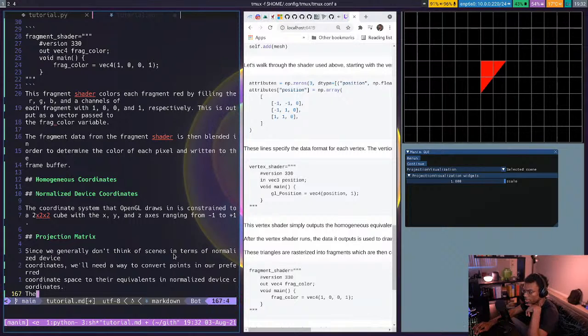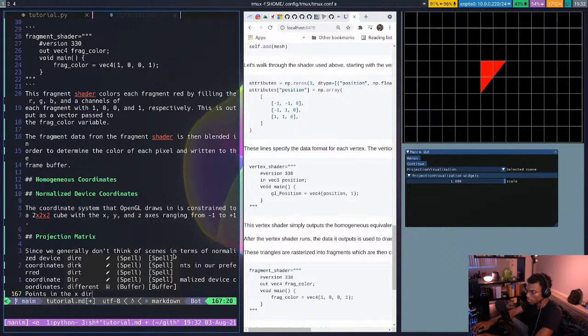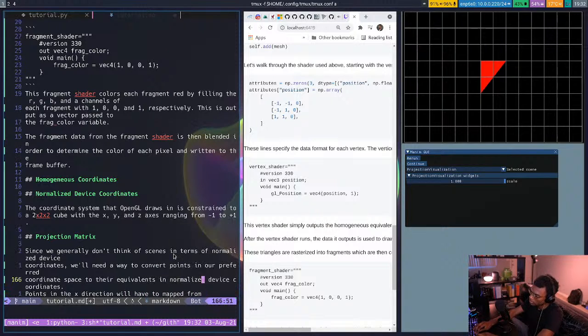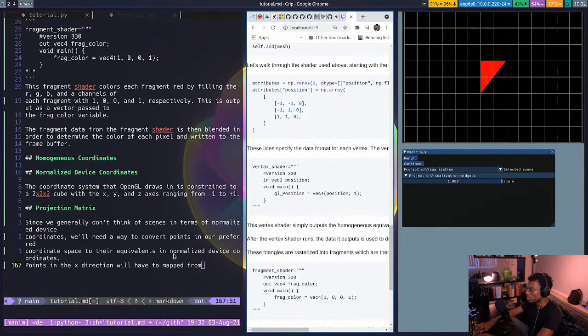Now I don't want to just say use a projection matrix, but I want to build up to it and say, why did I say points in the x direction have to be mapped from... How would I walk through that? How would I explain this in words?